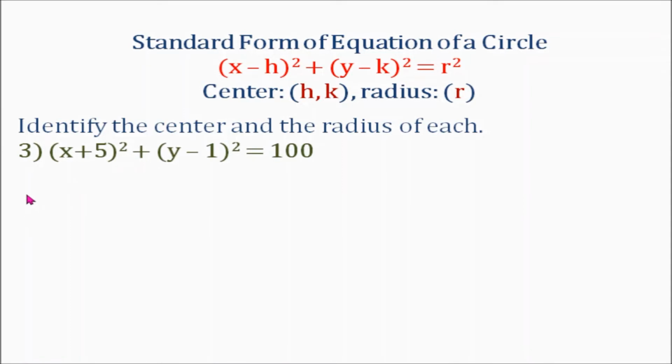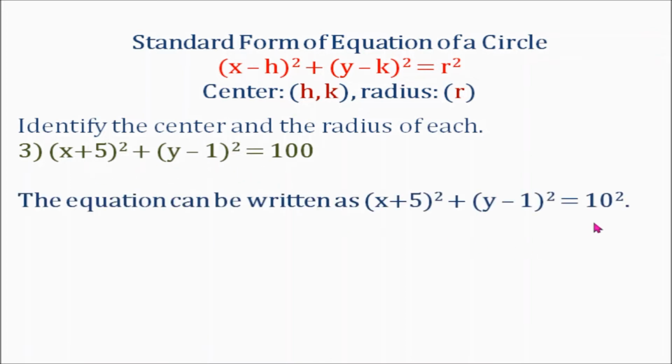Equation number 3, the quantity x plus 5 squared plus the quantity y minus 1 squared equals 100. Again, this is already in standard form, so it can be written as the quantity x plus 5 squared plus the quantity y minus 1 squared equals 10 squared.